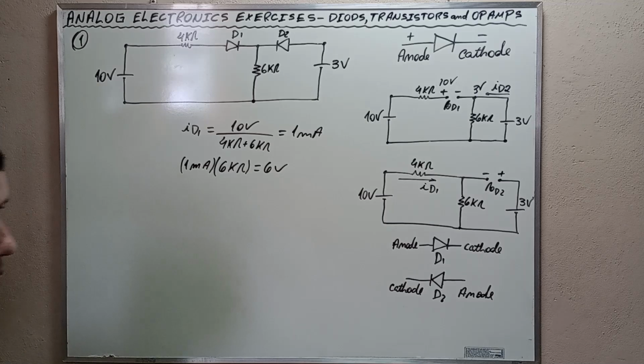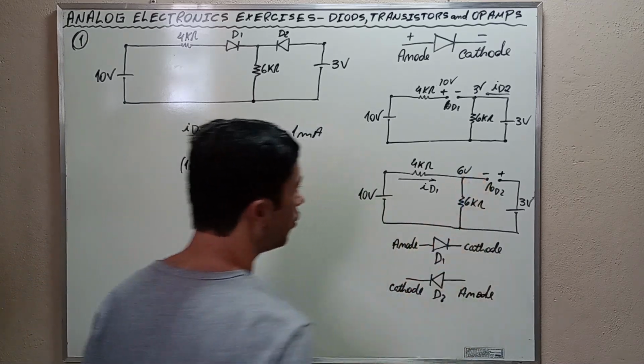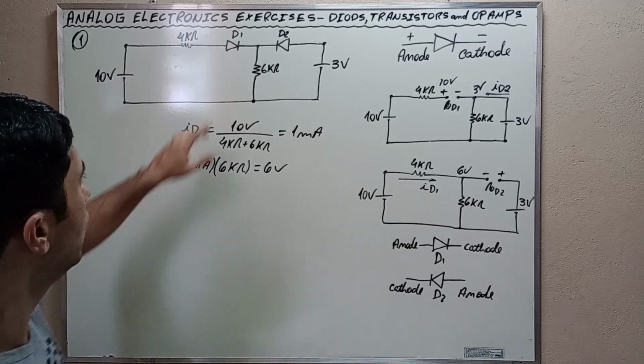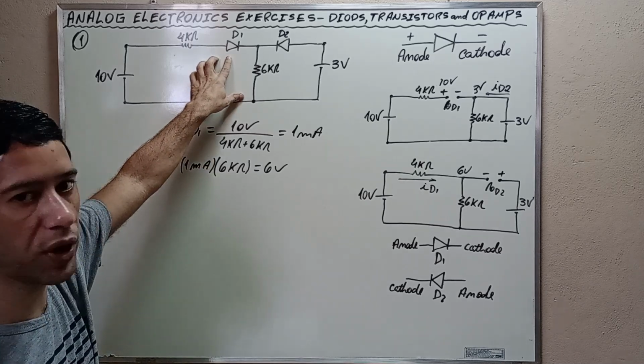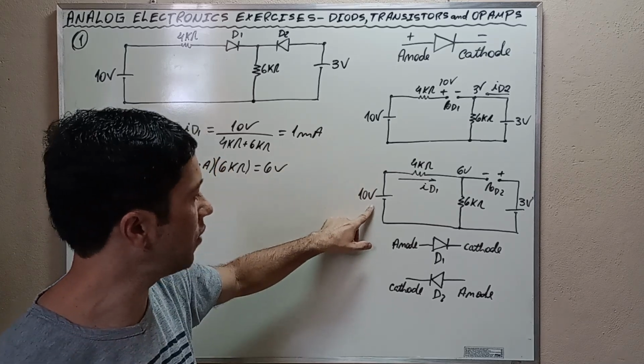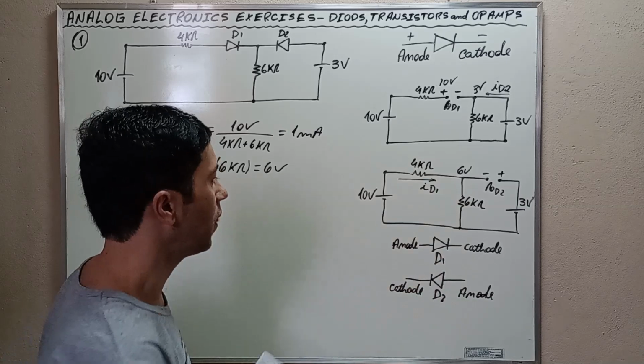Okay? We have here 6 volts, okay? And this is consistent with the situation in which D1 is conducting, because here we have 10 volts and here we have 6 volts.